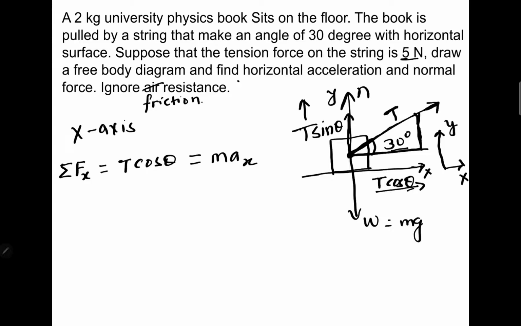For this side, the normal force is there. I'm working with the y-axis. N is acting upward, that is positive y-axis, so I'm taking it positive, and this T sin theta is also positive, so this is T sin theta, and the direction of W, this is the zero line, right? You know the coordinate axis, below is the negative sign, so negative W is equal to 0.